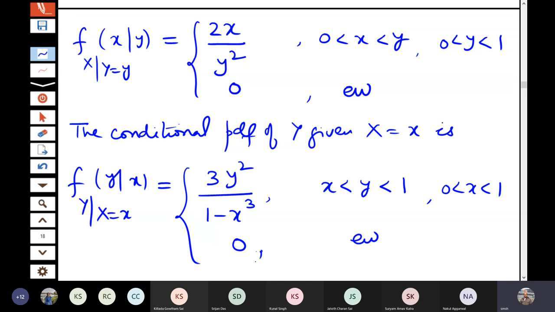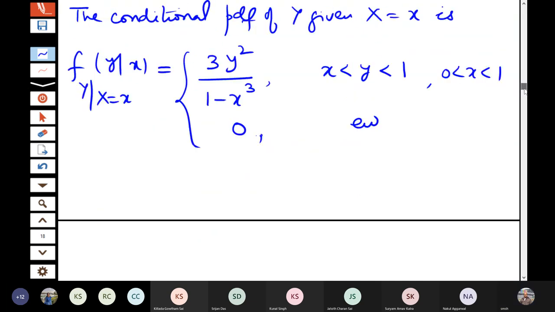Once again, you can calculate conditional probabilities also from here. So suppose I want to calculate say probability of x less than half given y is equal to 3/4. Okay. So this will be calculated from the conditional distribution of x given y is equal to 3/4.